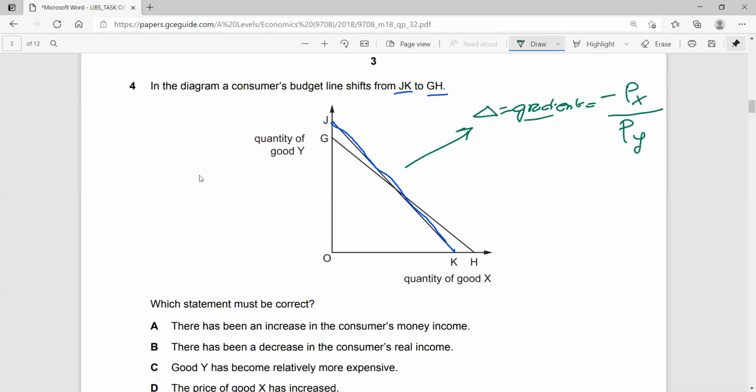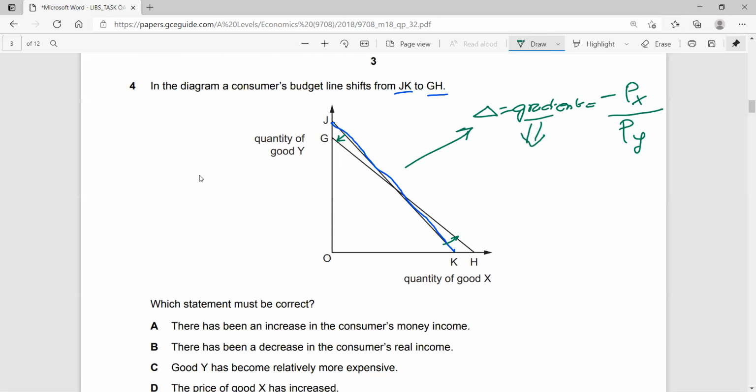Now let's look at what's happening to the gradient, because it's shifting in this way. If you look at the line GH, it's becoming less steep, or flatter, you could say. When a line is less steep or flatter, the gradient is decreasing.